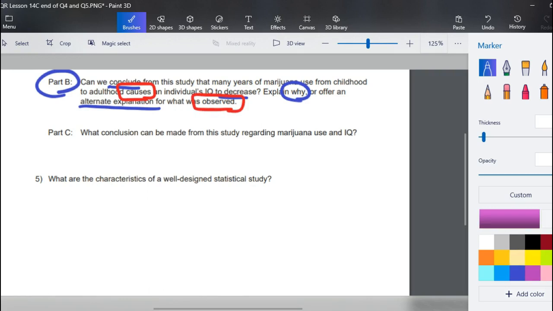So looking at some thoughts on part B, let me go ahead and change color again. And let me put some asterisks around this word. When we are looking at an observational study, we may not, no way, no how, use the word cause.